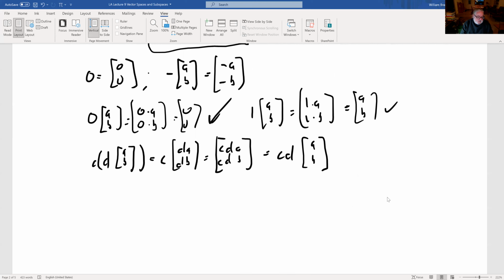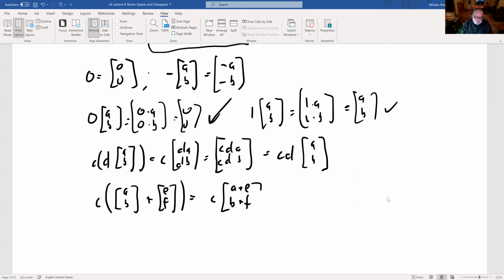And then finally, c times vector (a, b) plus, oh, shouldn't use c. We'll say vector (e, f) equals c times the vector (a plus e, b plus f), just same thing as the vector (ca plus ce, cb plus cf).